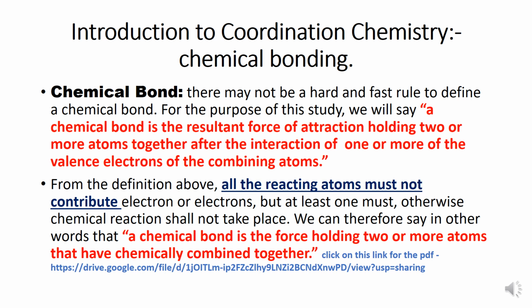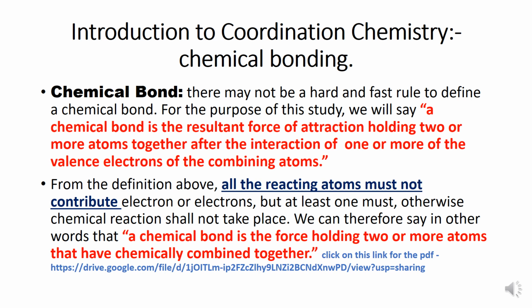From the definition above, we may say that all the reacting atoms need not donate or contribute electrons, but at least one must give an electron to the other to allow for a drop in energy, therefore bringing an attraction between them. By saying so, one can now say that a chemical bond is a force holding two or more atoms that have chemically combined together.